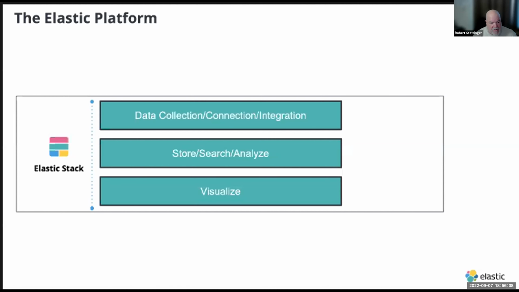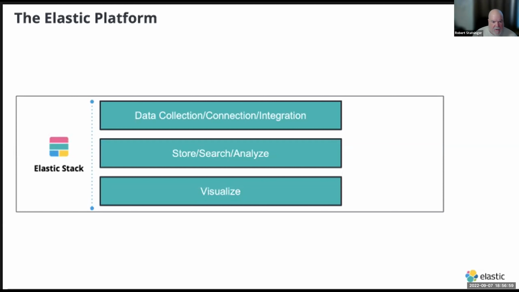Beats has an open source spec. They're written in Golang, but there are many other ways besides Beats to get data into Elastic. You can use Logstash. You can simply use our bulk APIs. The whole thing is based on REST APIs.